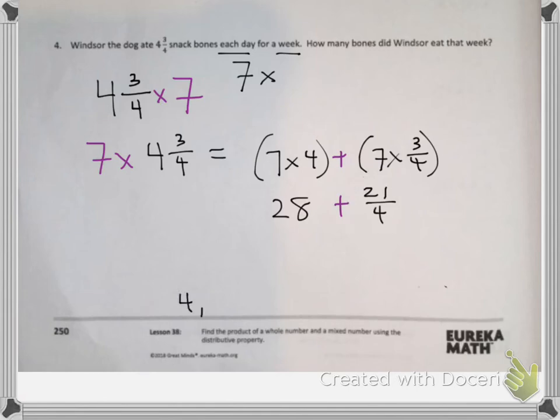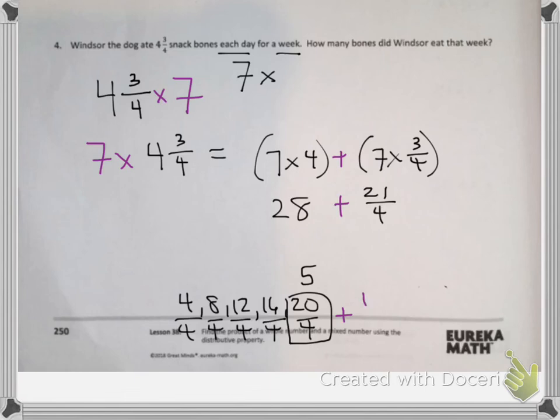So I'm going to go 4, 8, 12, 16, and 20. Excellent. I can take out 20/4, and that's going to be 5 whole. And what do I need to get to 21/4? Well, I just need a tiny little 1/4.